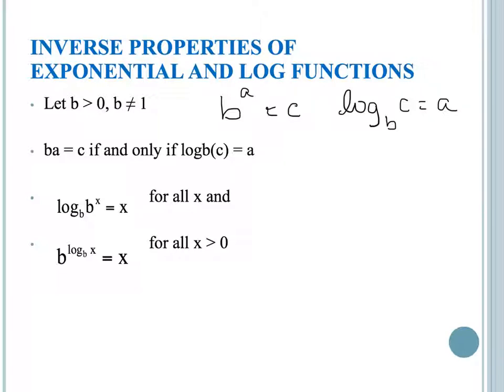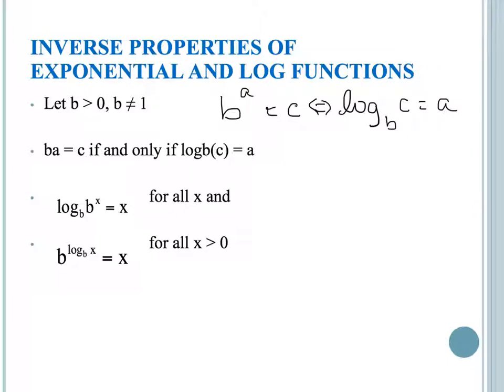So the logarithm in base b of c equals a is equivalent to the exponent b to the a equals c. And that allows us to come over here to a couple properties of logarithms.